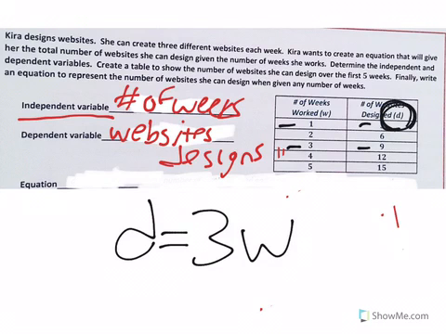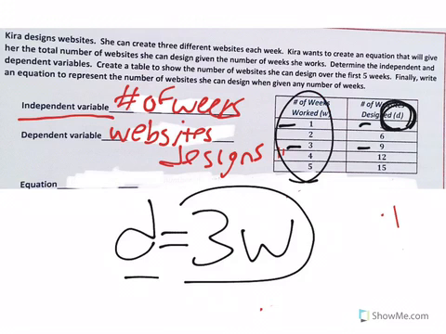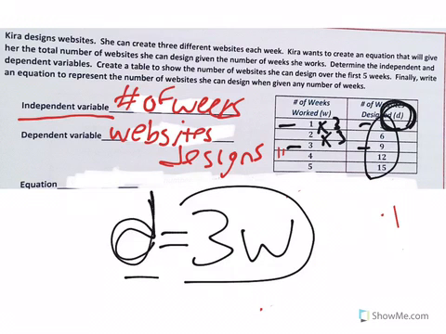So the number of websites designed would be the same as 3 times however many weeks she worked, right? Because we have 1 times 3, 2 times 3, on down the line to get these answers. So the number of websites she designed is equal to however many weeks she worked times 3.